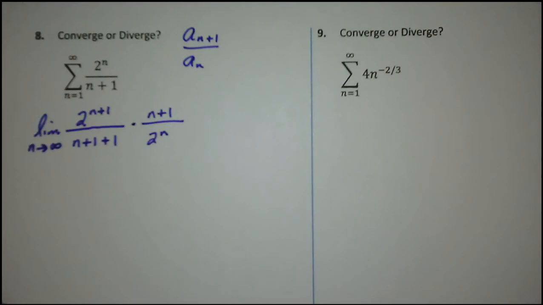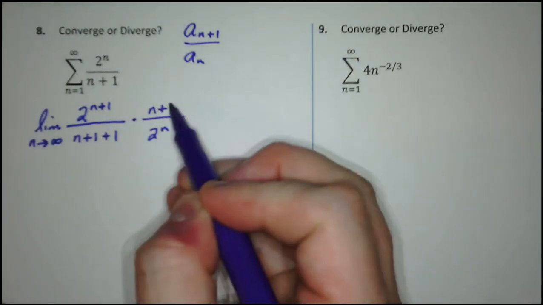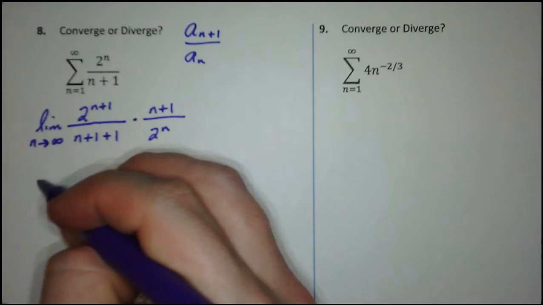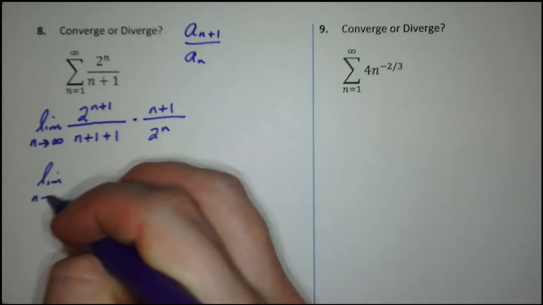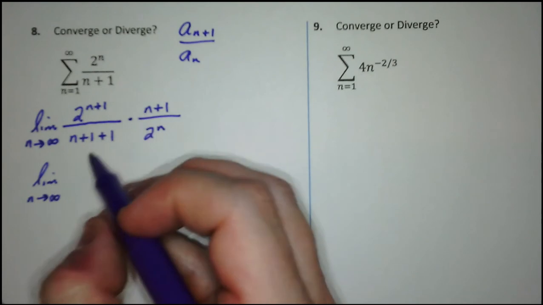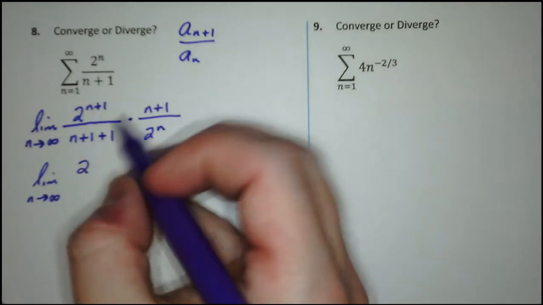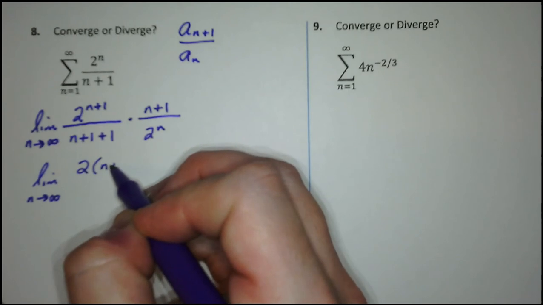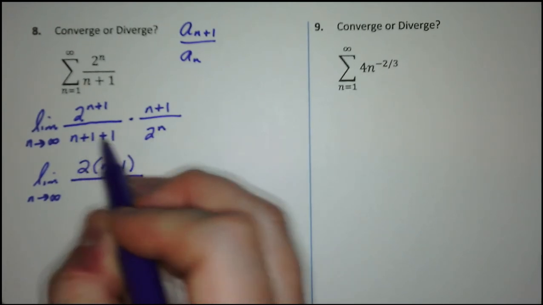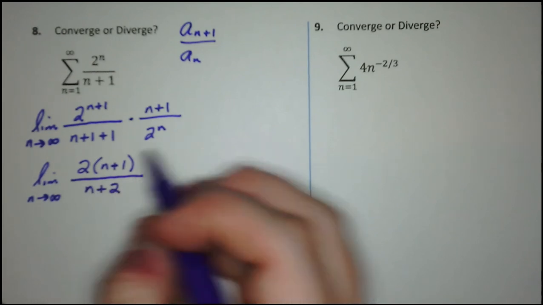There's not going to be any canceling here, but there will be some canceling here. So we're going to end up with just a 2. And then the n plus 1 is still there. Nothing happened to it. And then down below, I think we're going to have this n plus 1 plus 1, or in other words, n plus 2.